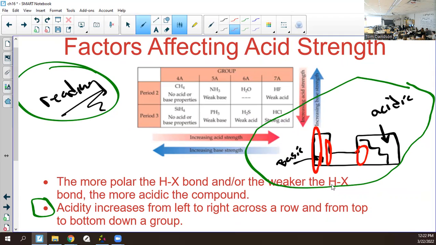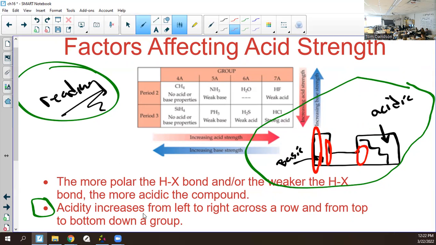What that means is we're talking about the movement of electrons that are going to attract an H to stick to it or to give it out. If H is ever changed, you're going to have either more acidic or more basic.